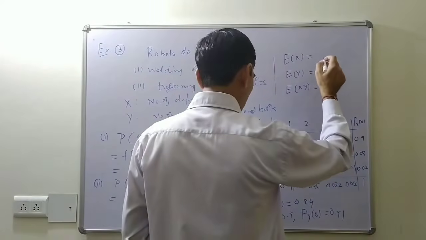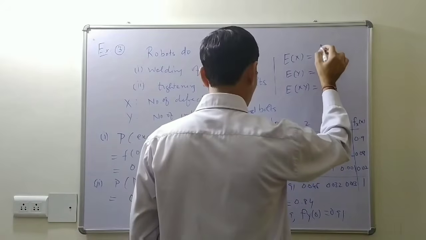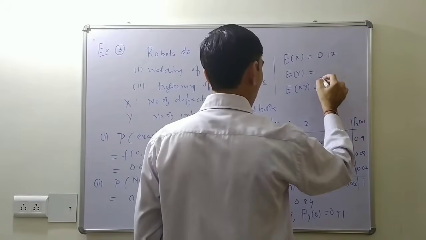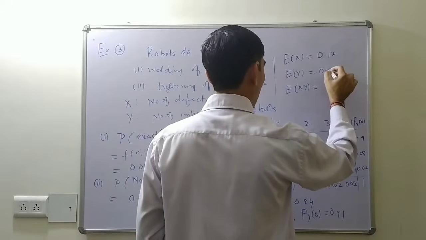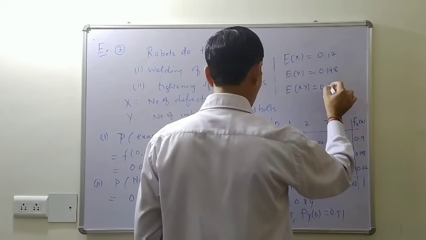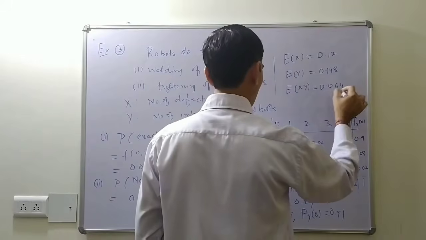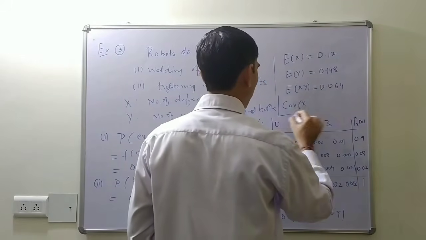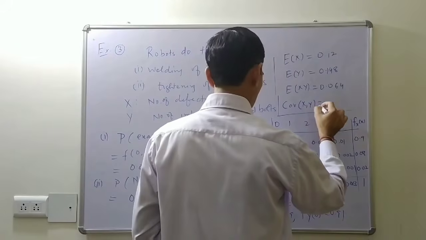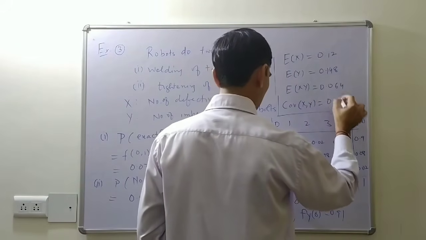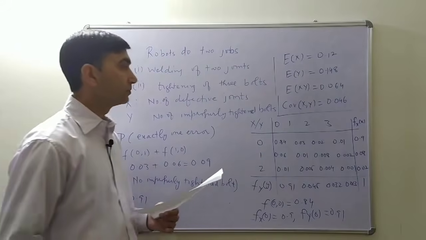The values are 0.12, 0.148, and Exy value is 0.064. From these you can write your covariance value. It is 0.046. Fine?